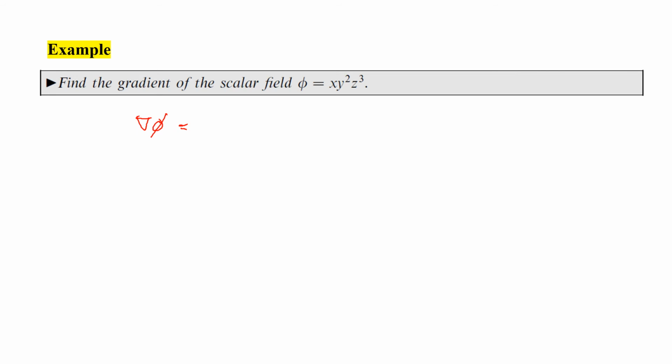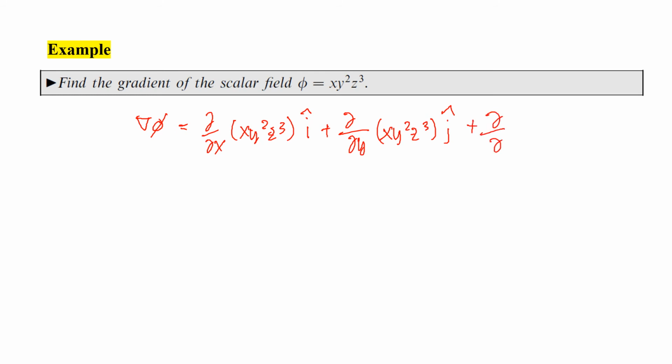So we have partial over partial x of x y squared z cubed i hat, plus partial over partial y of x y squared z cubed j hat, plus partial over partial z of x y squared z cubed k hat.